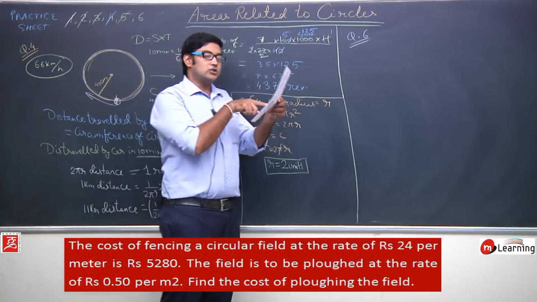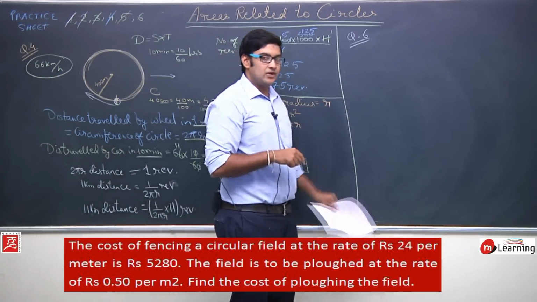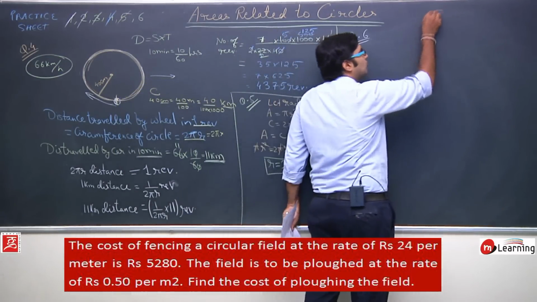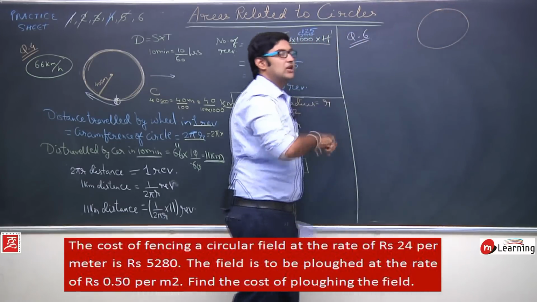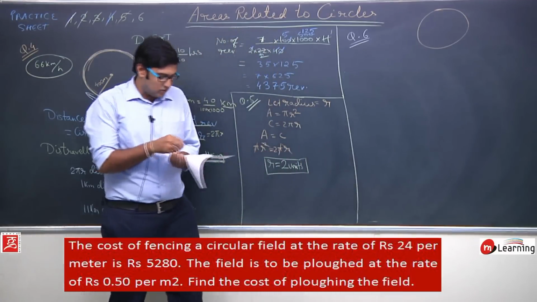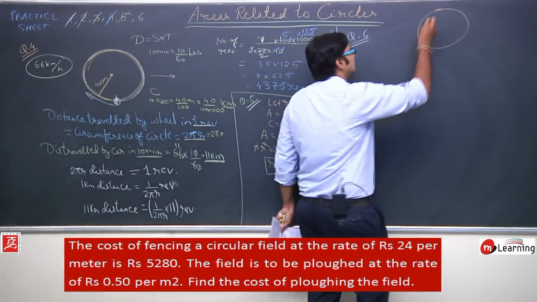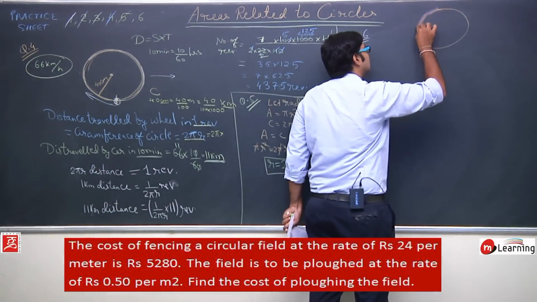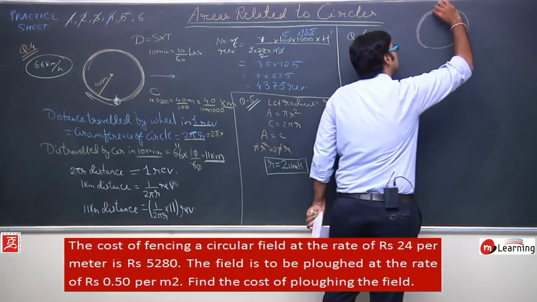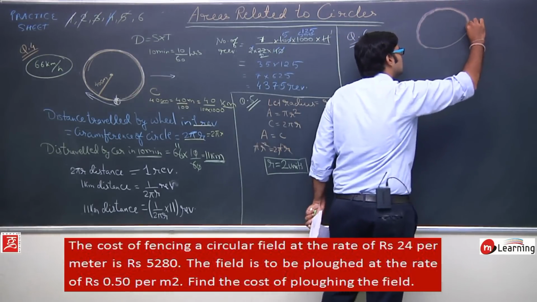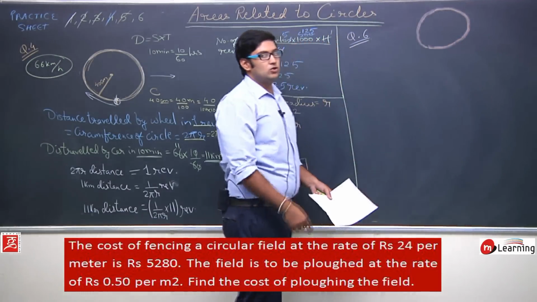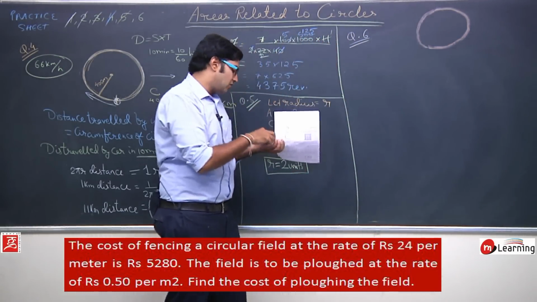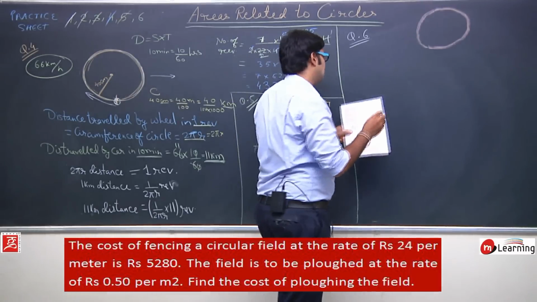It says that the cost of fencing a circular field. Fencing means to create a boundary at the end of this circular field. How will I create the boundary? The boundary means I have put some wires at the edge of this circular field. Now, to create this fencing, I require how much money?